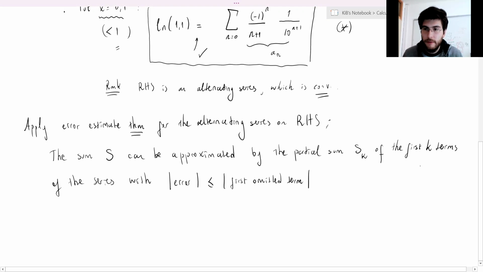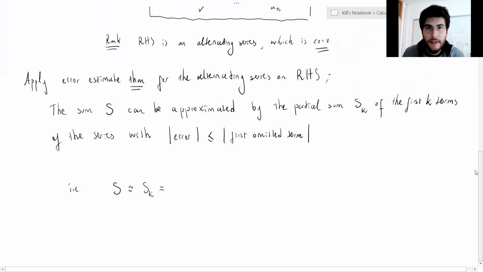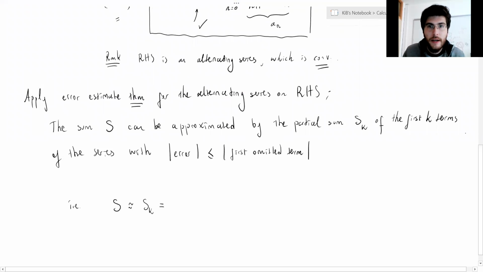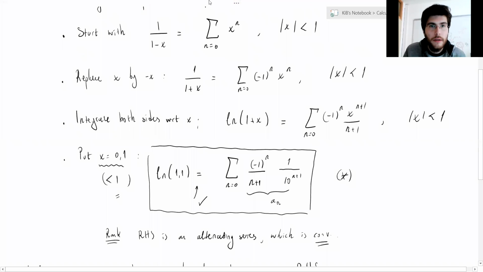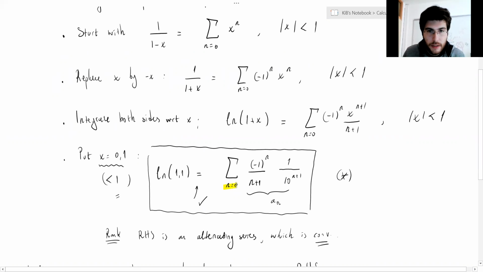So let's analyze the first omitted term. Just observe that S will be approximated by S_k, right? So what is S_k? By definition, the sum of the first k terms. But be careful if you look carefully here.